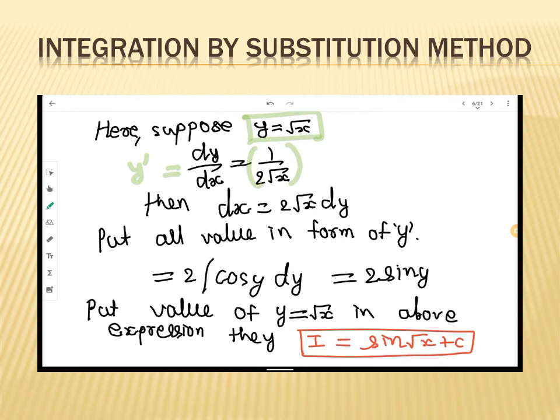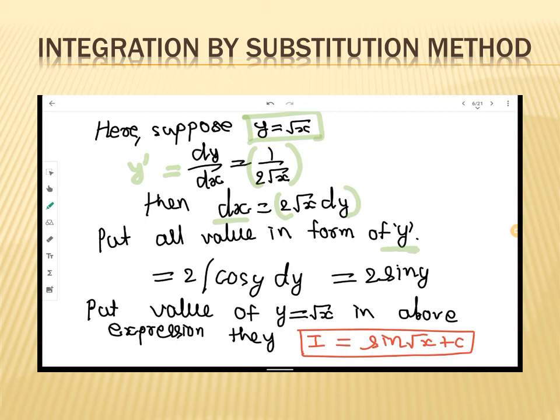Then dx is equal to 2 root under x dy. Put all values in the form of y. Put all values of root under x in the form of y.